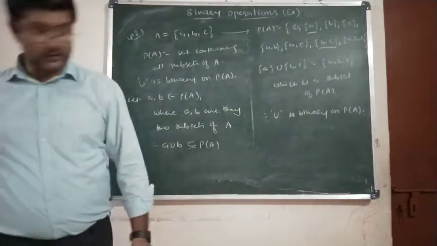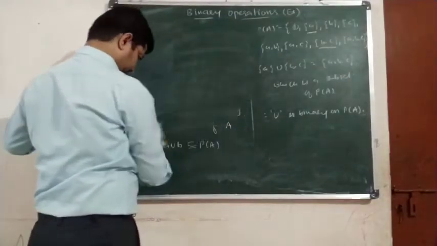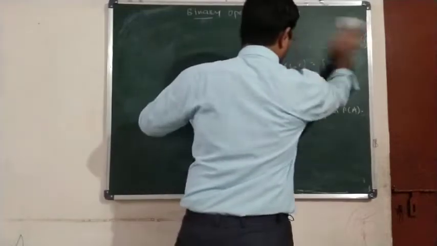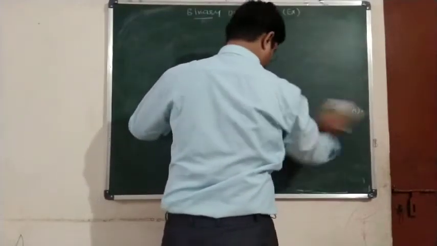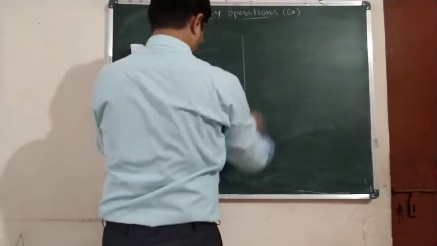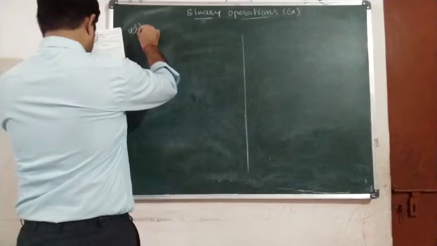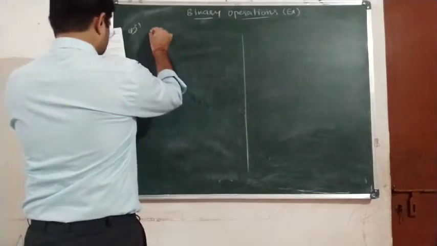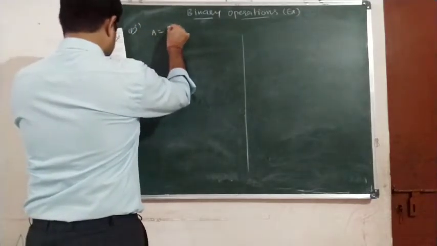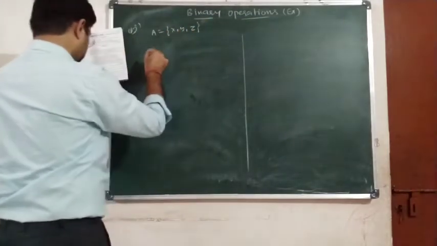Okay, now question number 3. Set A containing three elements x, y and z is given.